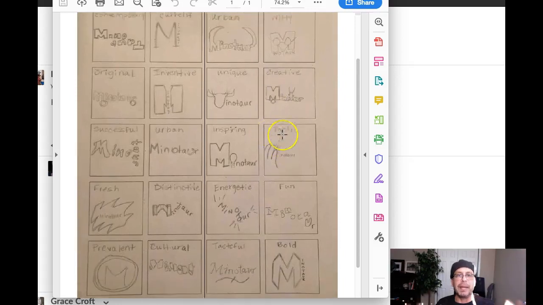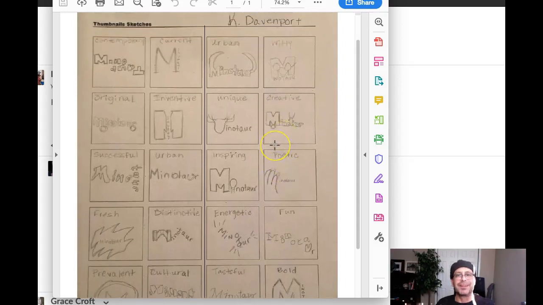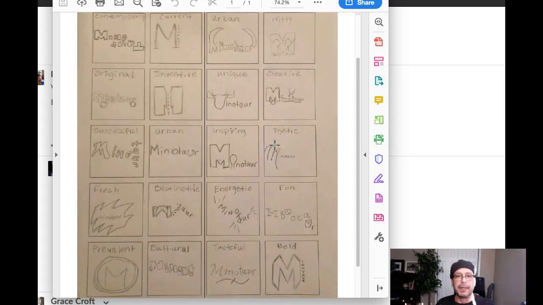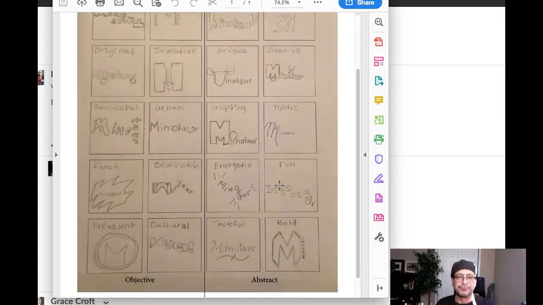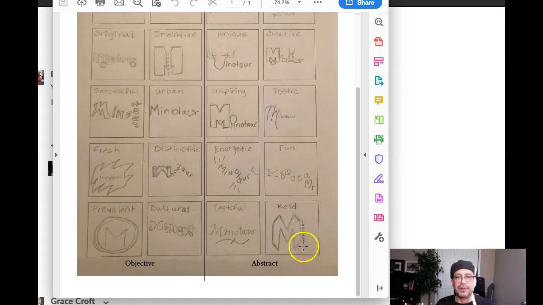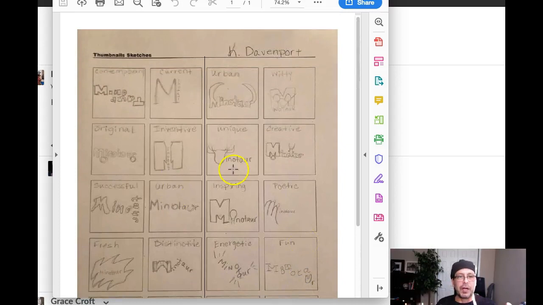There are a couple that may not work, because they're technically a monogram, like I wouldn't use this, because that's more technical. I'll talk about that in a second. But just as long as you understand the difference between a monogram and a logo and a word mark, that's the important thing here.